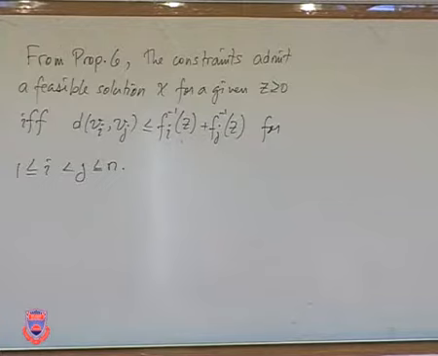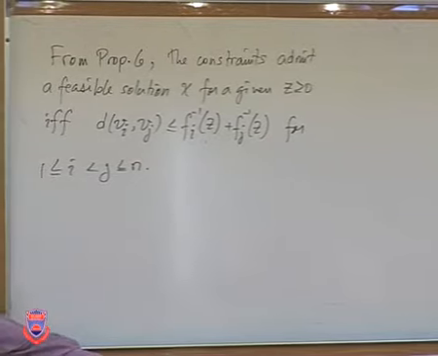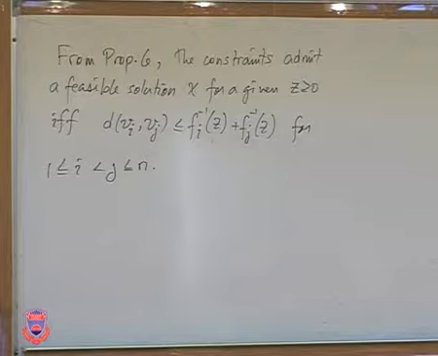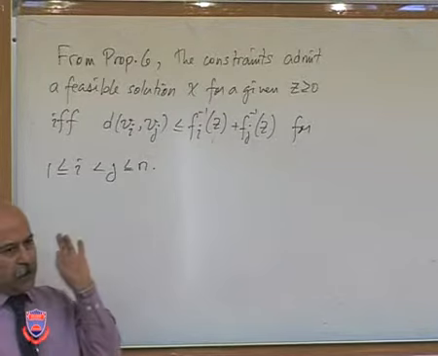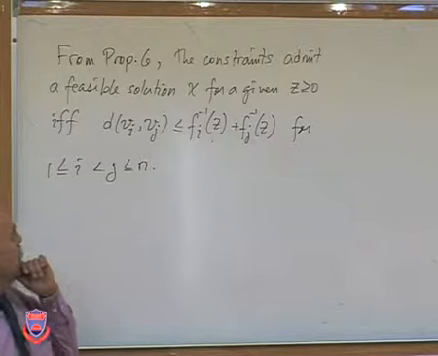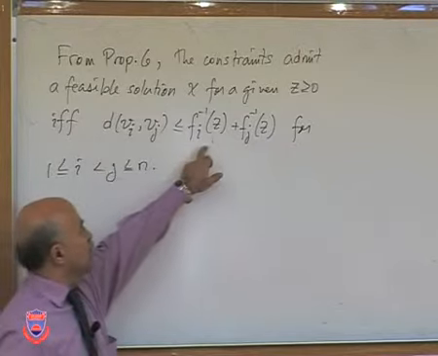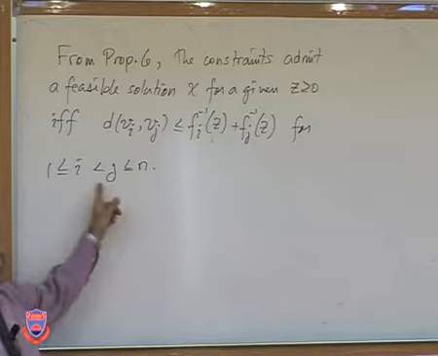So property 6 simply tells you that those constraints will admit a feasible solution for fixed z if and only if this condition holds true for every pair ij.